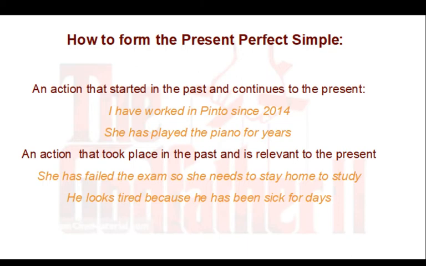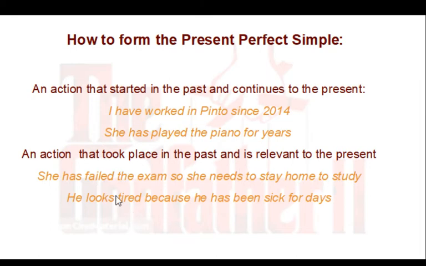Okay, and in a similar fashion, we can use it for actions that took place in the past and are still relevant in the present. This means that these actions still affect the present, still have an influence in the present moment. They have an influence today. So let's have a look at these two examples. She has failed the exam, so she needs to stay at home and study.